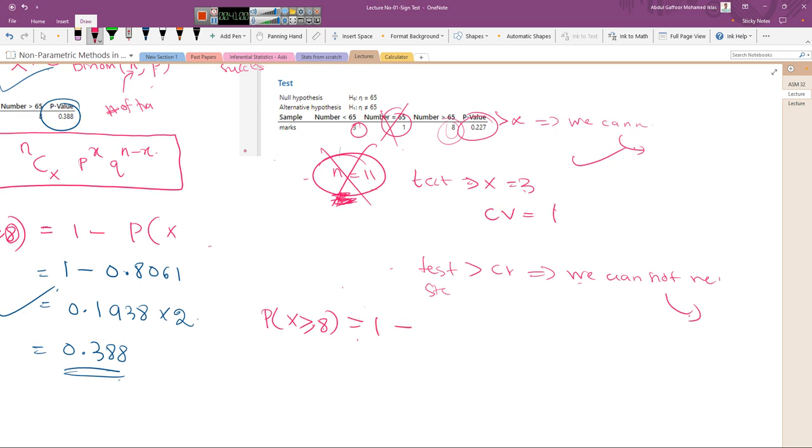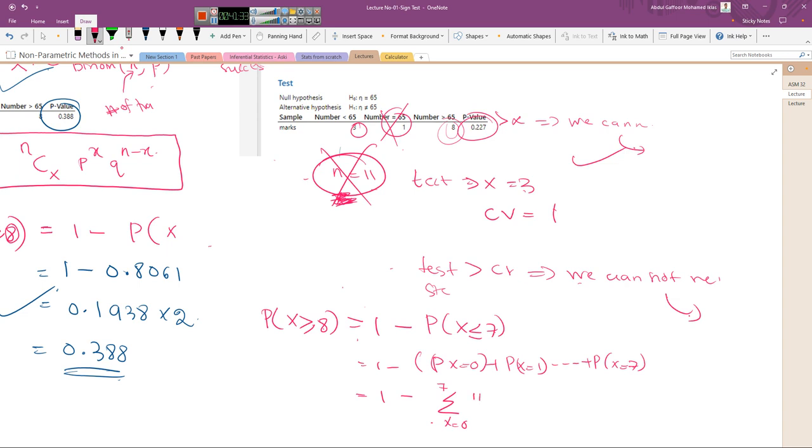So this is again 1 minus probability of x less than or equal to 7. So 1 minus probability of x is equal to 0 plus probability of x is equal to 1 until probability of x is equal to 7, right? So now this is equal to 1 minus summation of x is equal to 0 to 7, 11 C x, right?